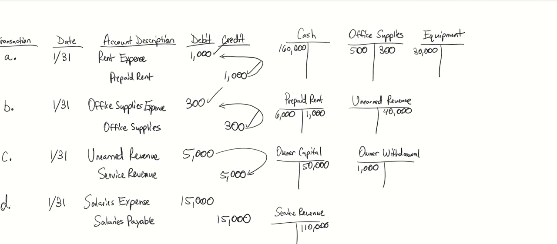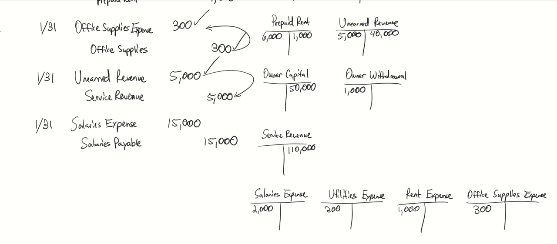We're good to go. Transaction C. There's a debit of $5,000 in unearned revenue, so we go to the unearned revenue T account and put the $5,000 there. Service revenue has a credit of $5,000. Put the $5,000 on the right side of the service revenue T account.